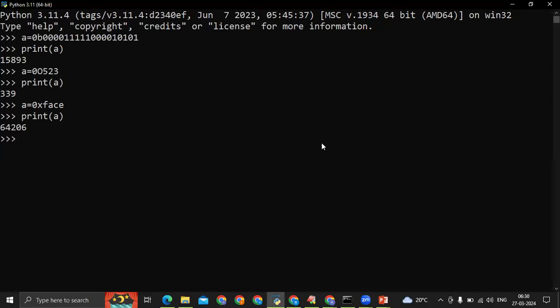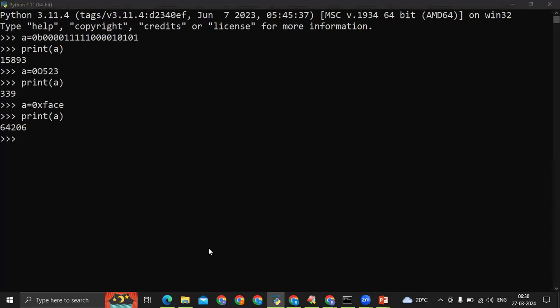How this internal process takes place, how this conversion will take place, we'll study further. Till here, is it clear why it is a high-level programming language? Yes. Very good.